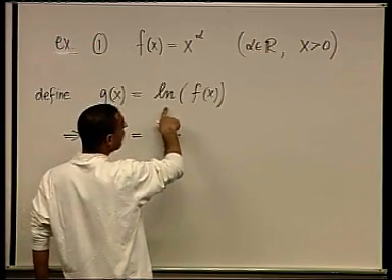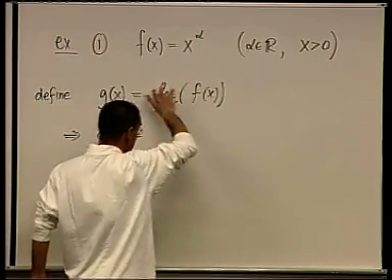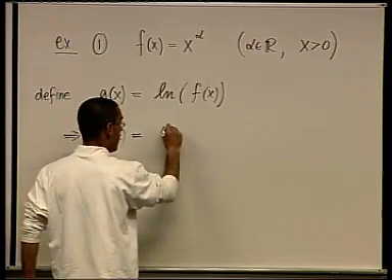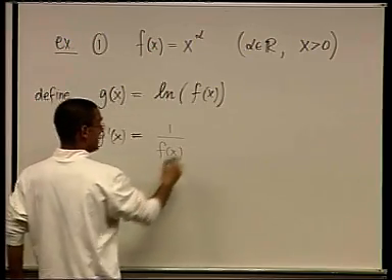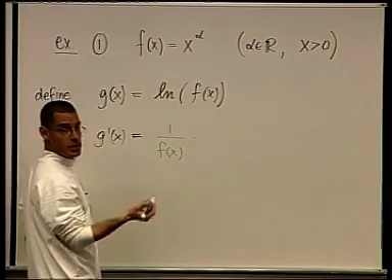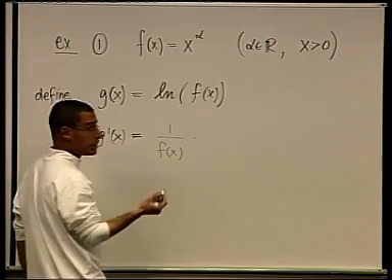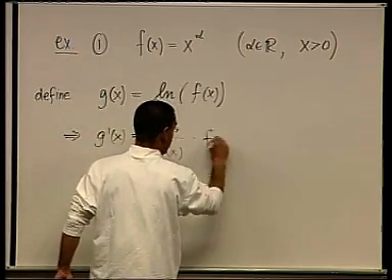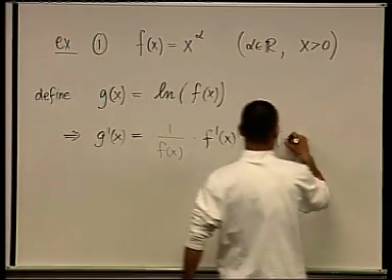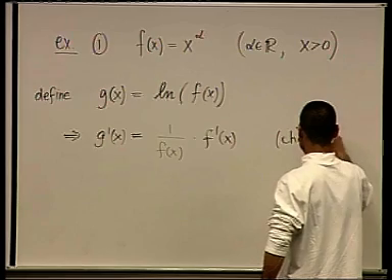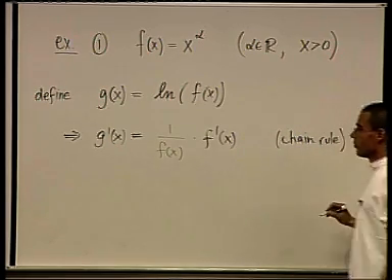But it's not going to be 1 over x. It's going to be 1 over the argument of ln. So 1 over f of x, times the inner derivative. What's the inner derivative? The derivative of f, so it's f prime of x. So this is simply using the chain rule. Good?